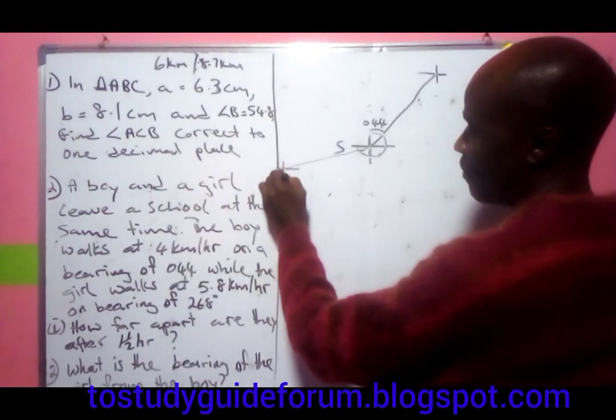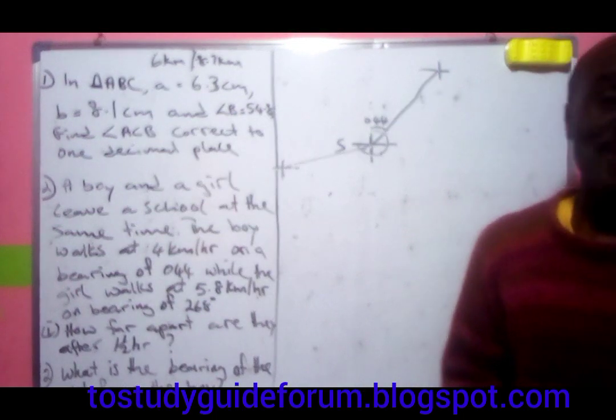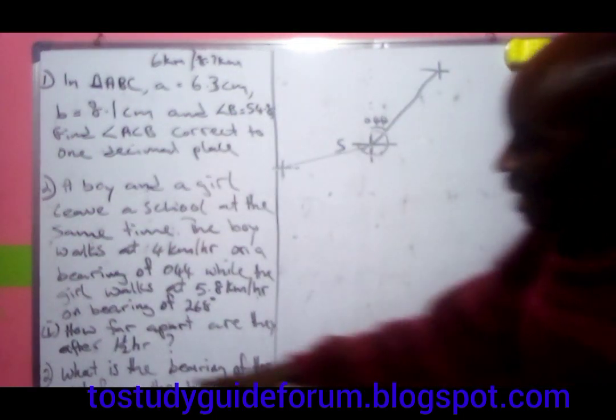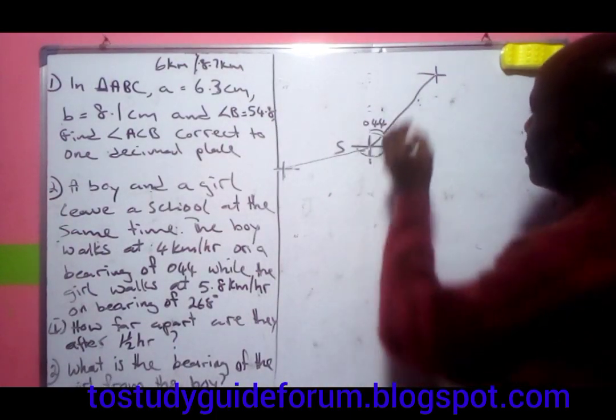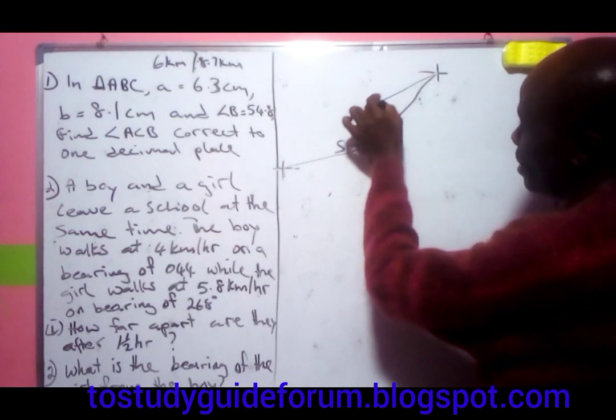I believe that all of us are following. Now, the next thing we are going to do is to calculate the distance apart. We have the actual bearing here. This is the distance apart from each other.